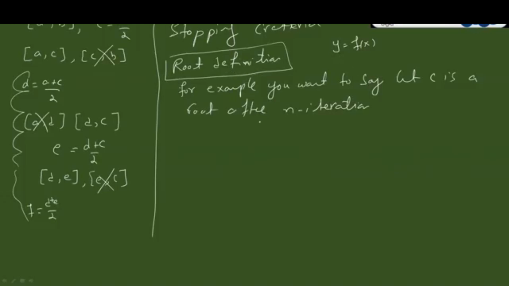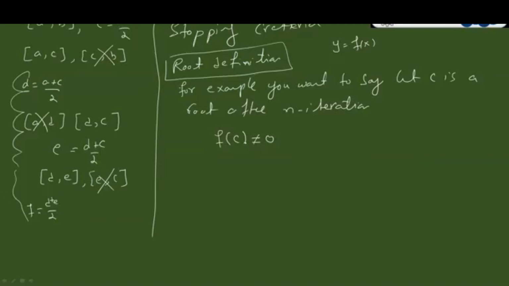So I have defined it like that. If f of c is computed, then if it is exactly a root, we all know this answer must be equal to 0. This is the ideal situation, but this is not going to happen because we may have an exact root, but usually do not have. We have an approximate answer. So this is not going to be equal to 0 in this case. Or if it is equal to 0, you are lucky that you have got the exact answer.